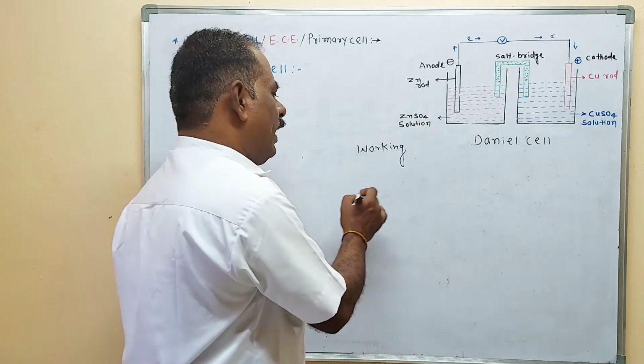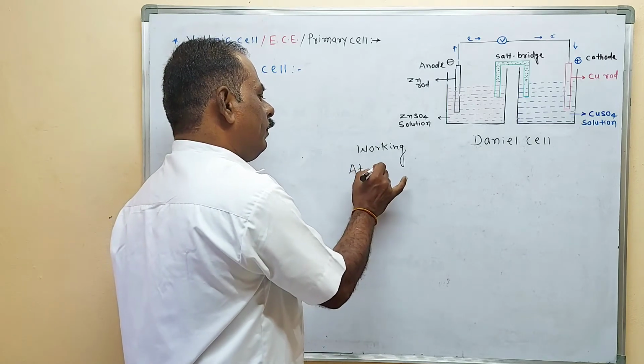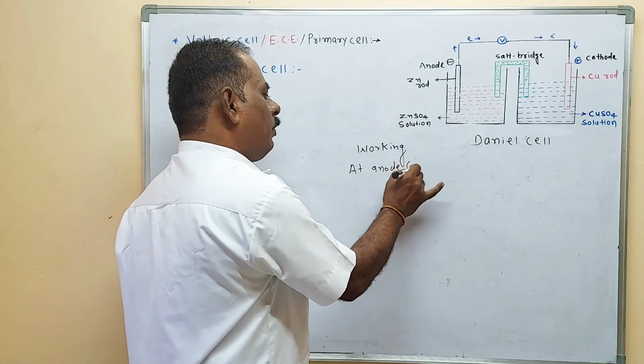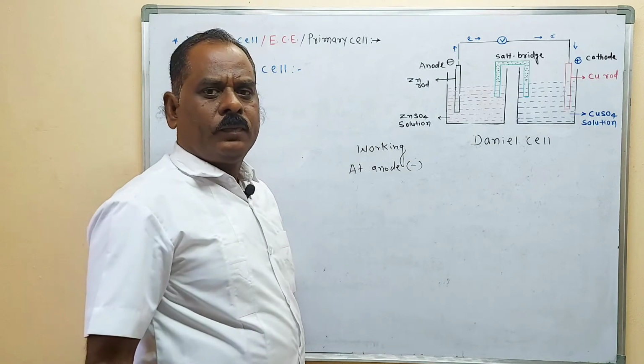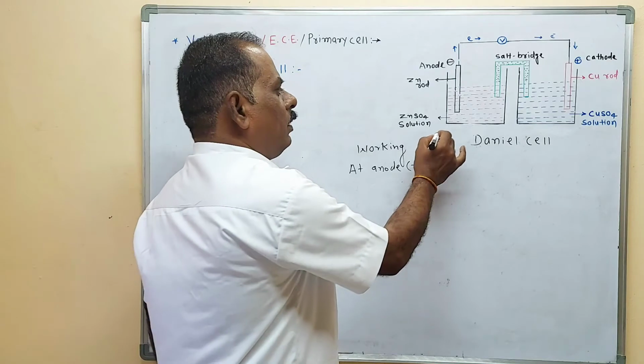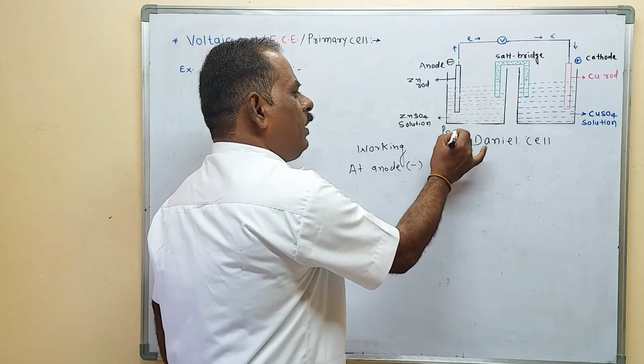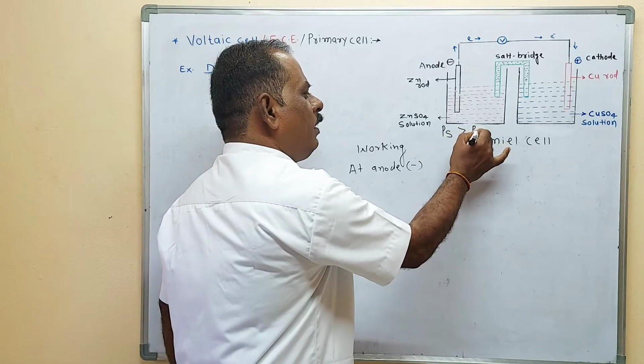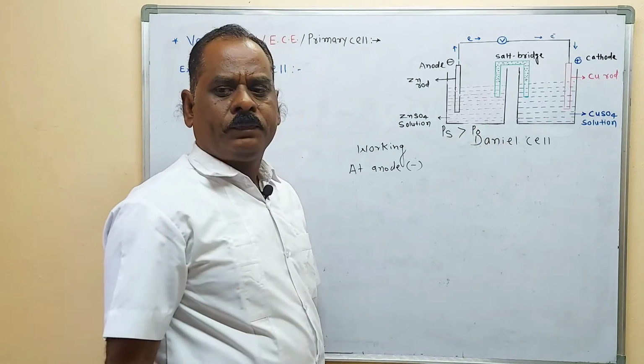Hence, the zinc rod acts as the anode, meaning the negative terminal. The zinc rod has more tendency, meaning the pressure of solution, P, is greater than the osmotic pressure of cations.